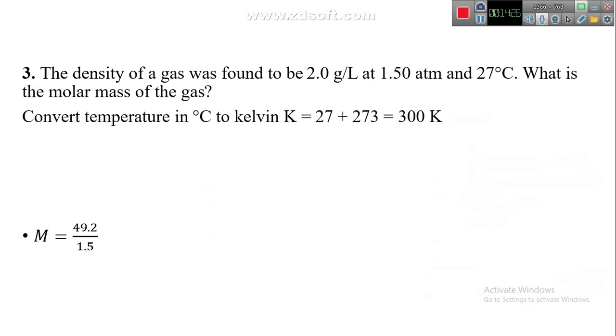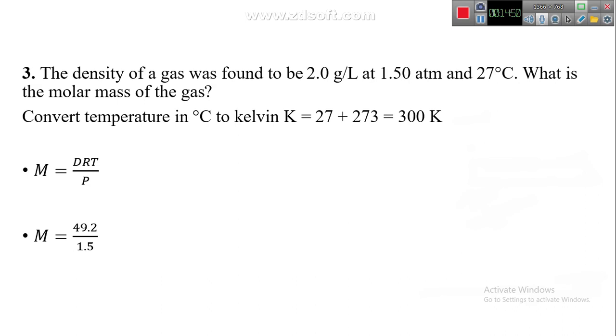At first, we must always convert the Celsius degree temperature to Kelvin temperature. Kelvin 27 plus 273 equals 300 Kelvin.